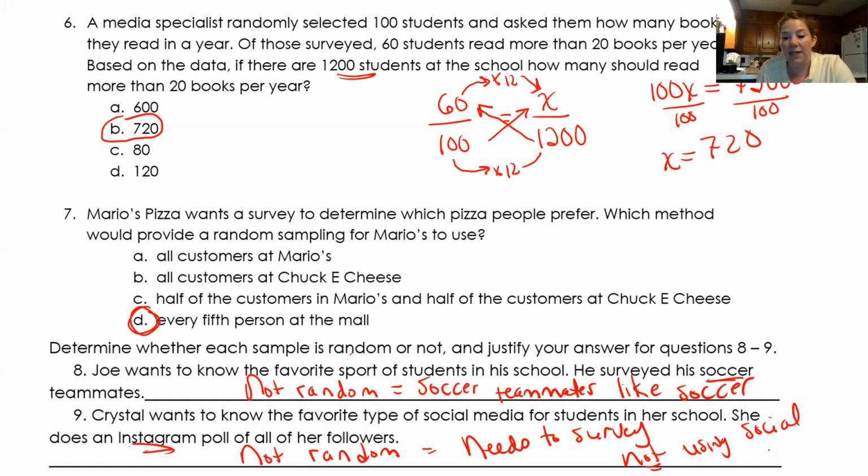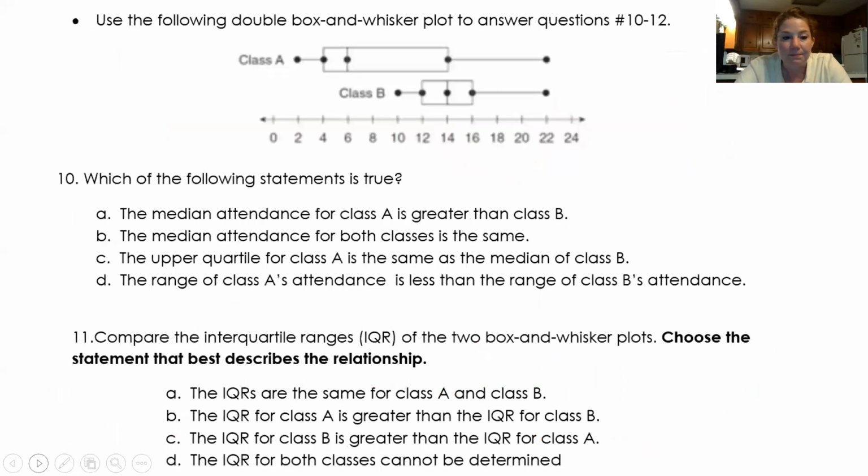So she needs to do it in person because she's asking about social media, right? If she wasn't asking specifically about social media, then that could be a platform she could use, but this one does not allow her to make it a random survey.